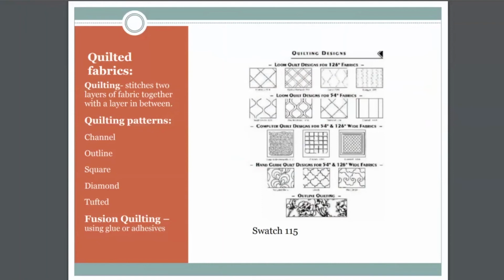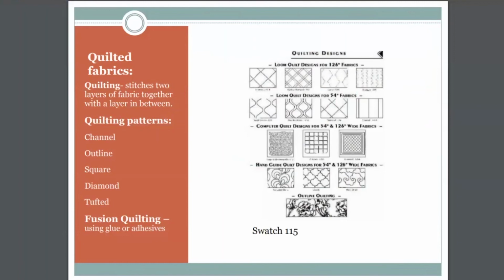And there are different types of quilting patterns that you will need to know as an interior designer. And so I probably need to just kind of stop so that you focus on this. If you're creating bedding, so I'm going to have you think about you're creating a bedding. If you do not quilt it, it's basically a duvet.